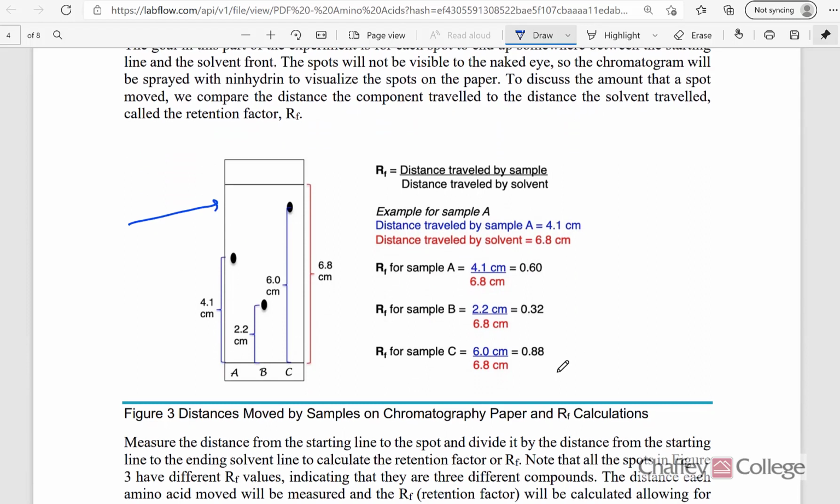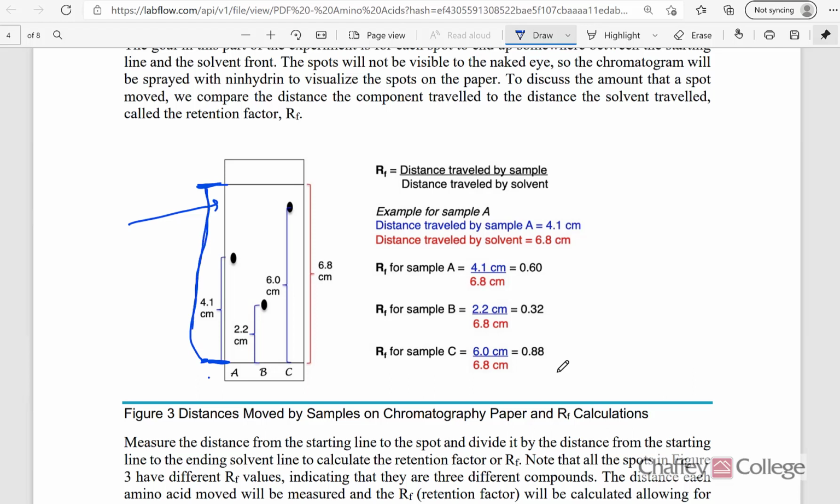So this is a small cross section of that filter paper. It's not showing all the 7 spots, it's only showing 3 spots. The rest of the filter paper will behave in a similar way. So what happens is that the solvent started from all the way from here and it reached the top.